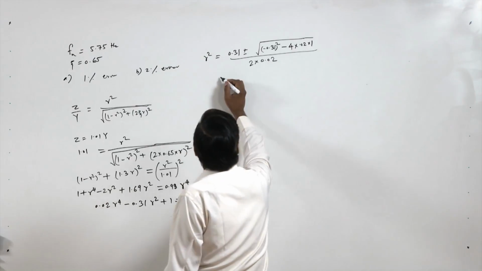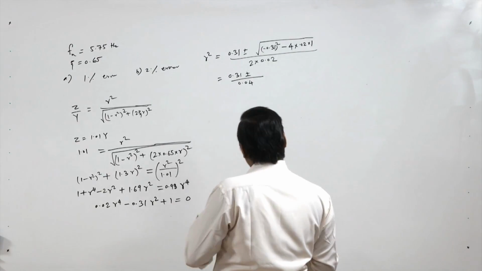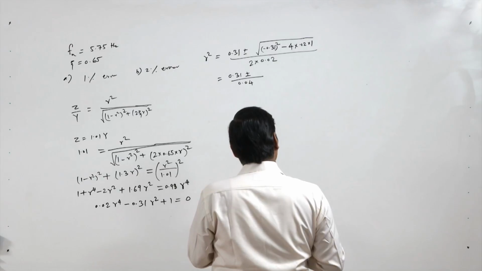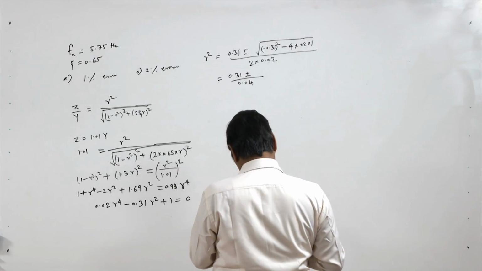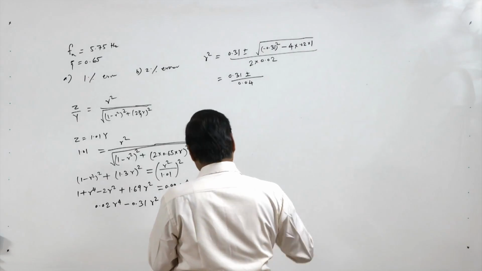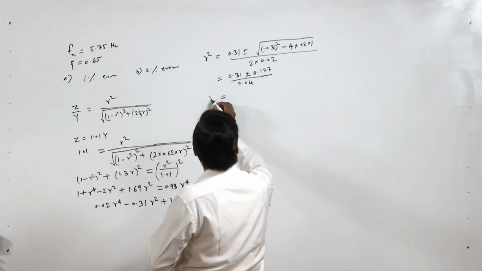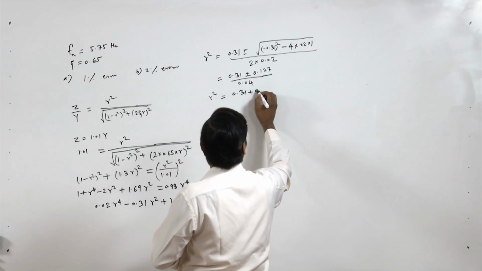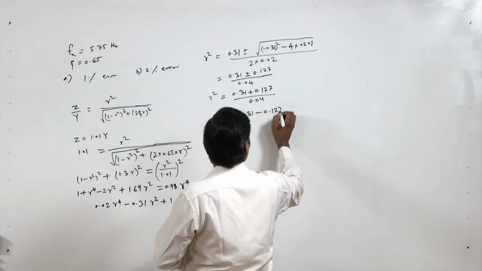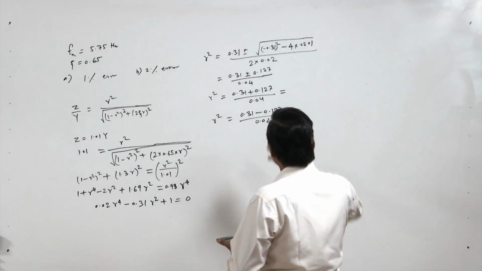So we will get 0.31 plus minus 0.127, and we will take both plus and minus sign.